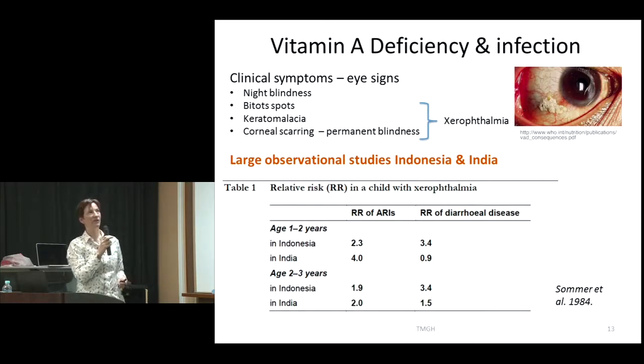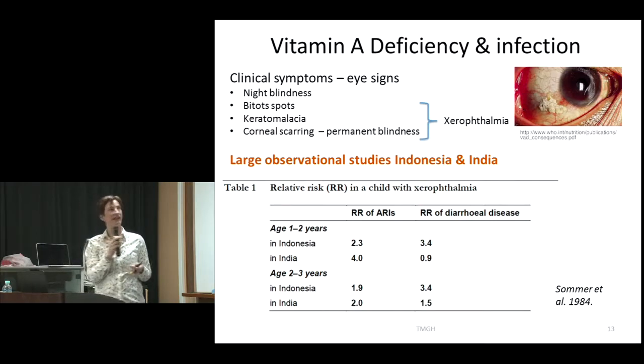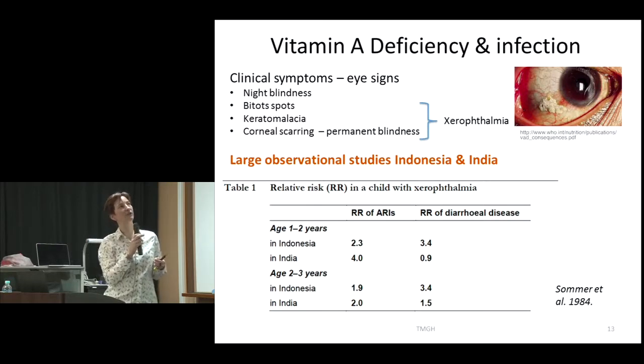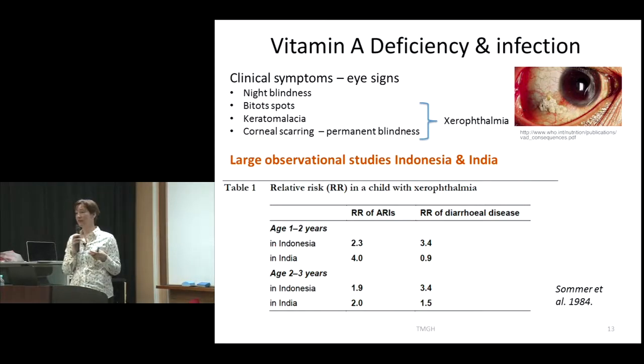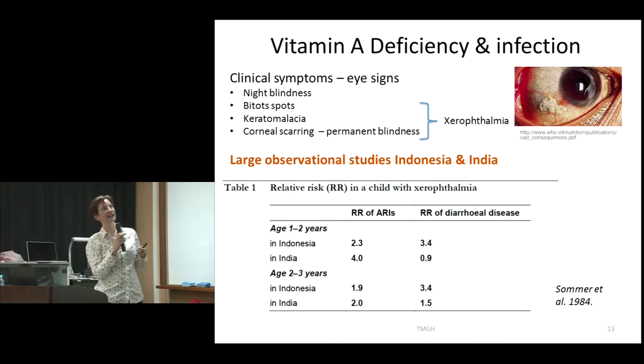So just a little bit more on vitamin A deficiency and infection. Vitamin A deficiency really became known when it's at its most extreme and you start to see these eye signs. That's because vitamin A, which is retinol in its pure form, is needed for the function of the cells in the eye and also for epithelia, whether that's any particularly mucous surface in the epithelial that's constantly replacing, vitamin A is an important part of that.